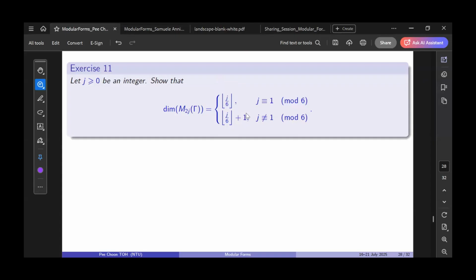To make it a little bit simpler, we can prove this using induction.